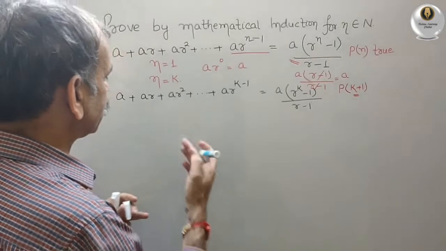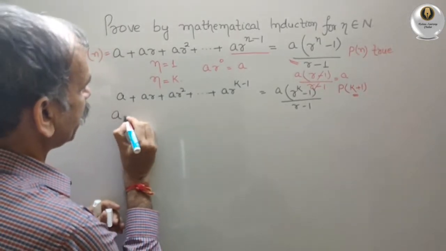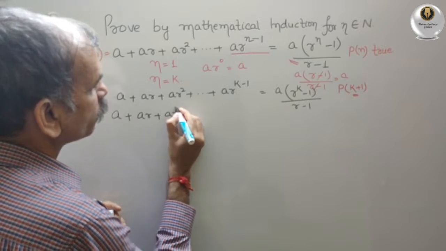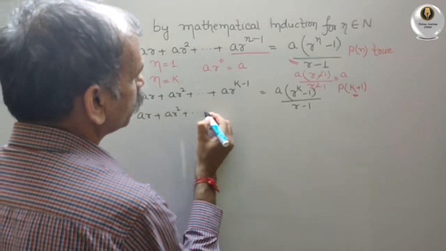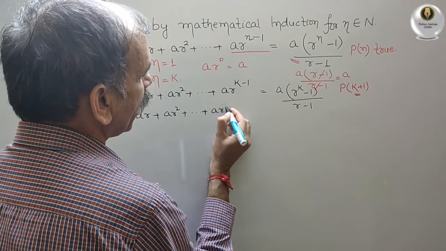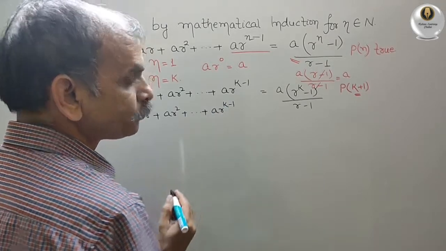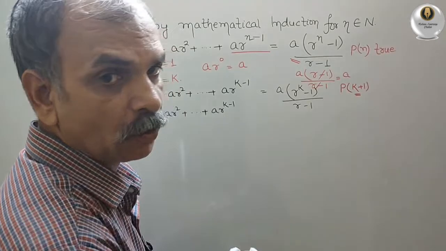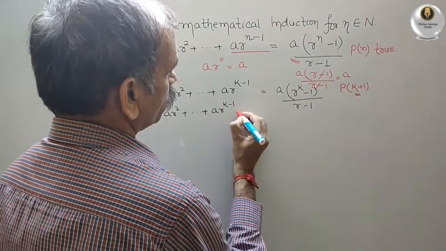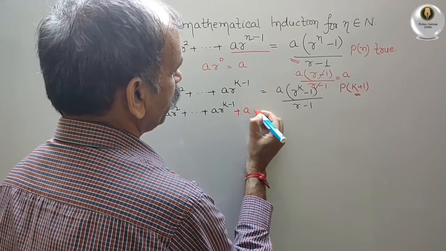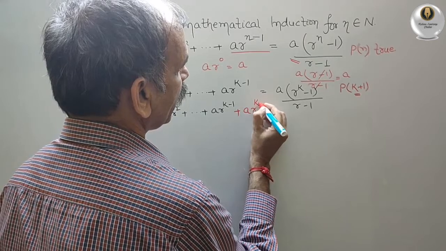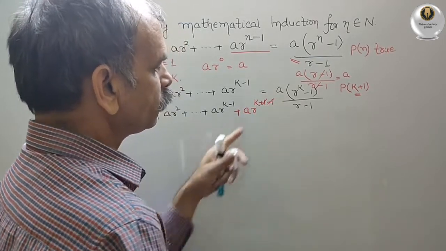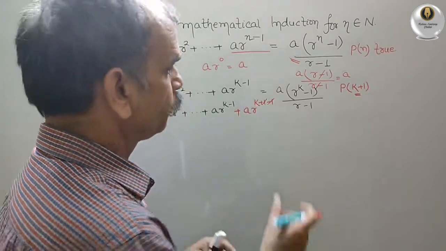So it will be just like this, a plus ar plus ar square plus so on ar to the power k minus 1. Instead of k we have to write k plus 1 now. So here it will come a r to the power k plus 1 minus 1, this and this gone. So here comes k only.